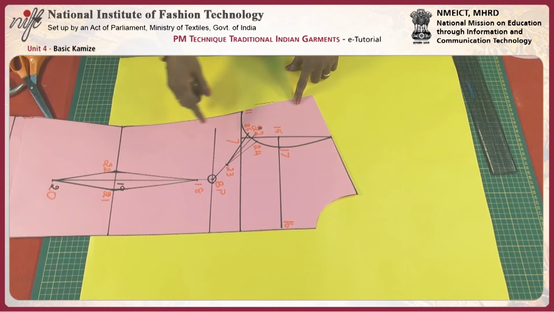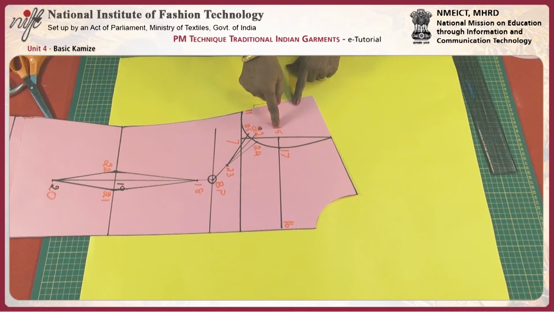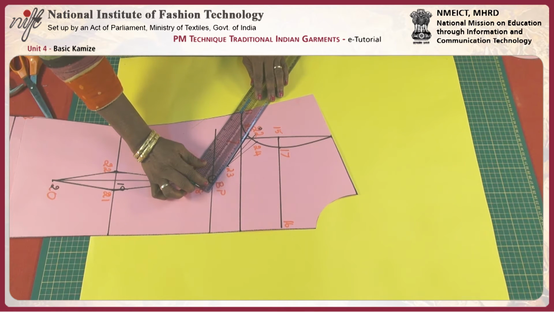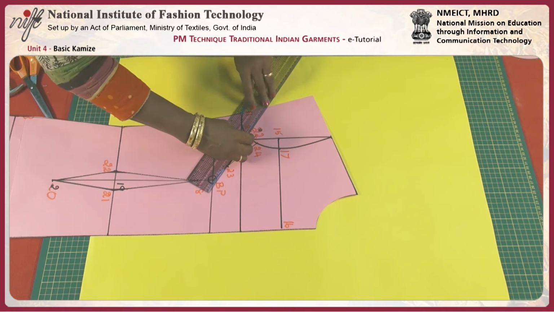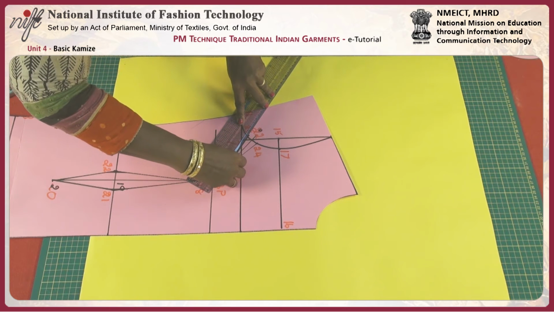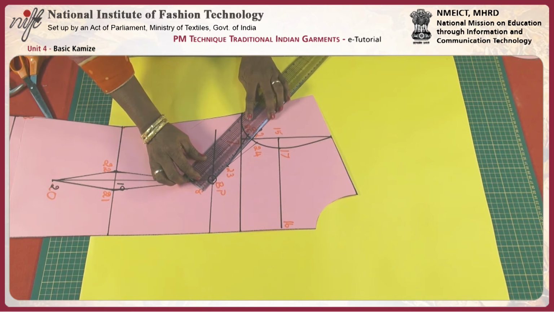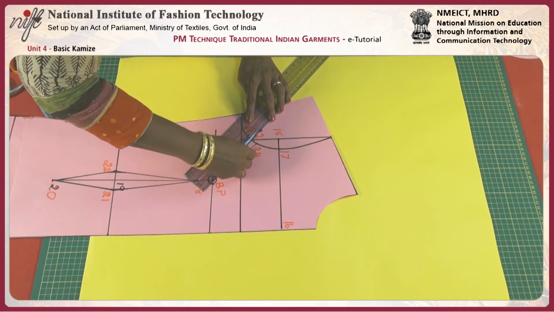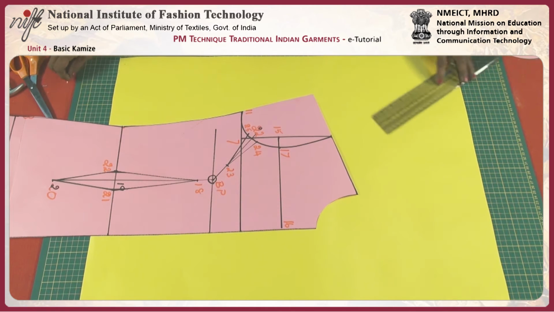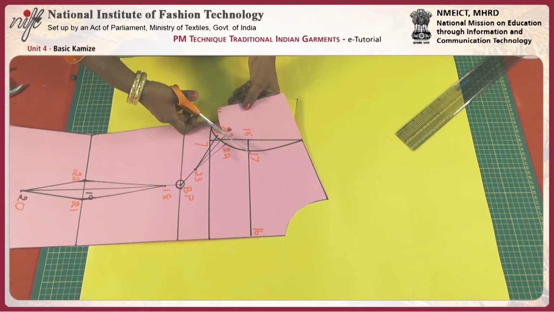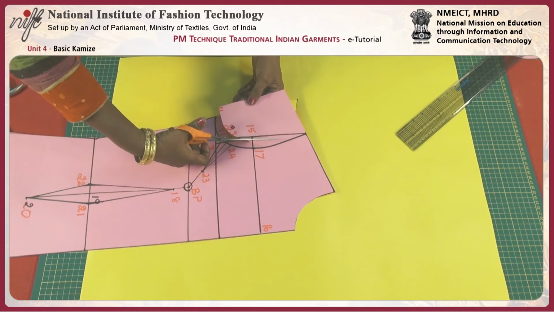Now we are going to true the armhole dart. First we need to crease the dart legs, one towards the bottom, facing bottom, and the midline. Allow a little extra and cut the armhole.